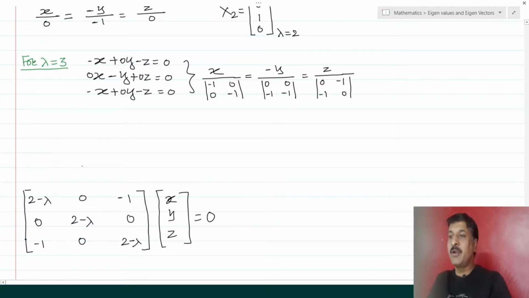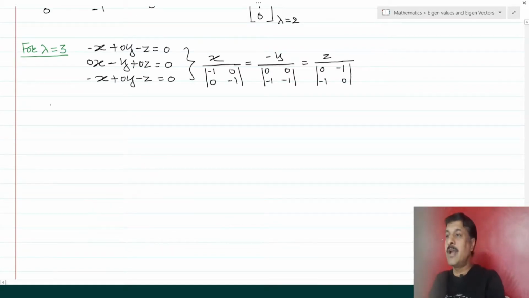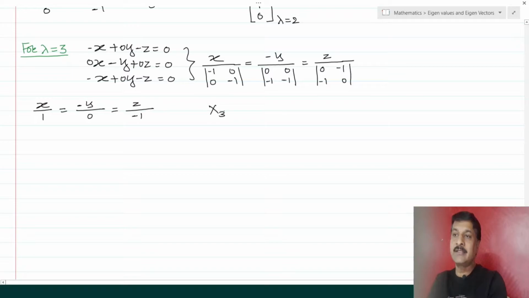So corresponding values, I am getting x upon minus minus plus 1, minus y upon 0 minus 0, that is 0, and z upon 0 minus 1. So that is why x3 equal to 1, 0, minus 1, which corresponds to the third eigenvalue, which is nothing but 3.